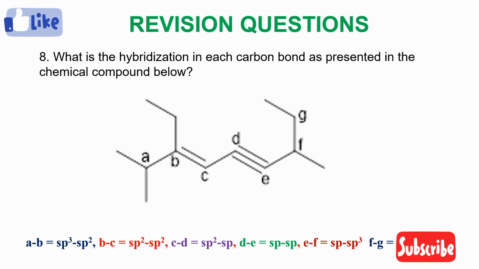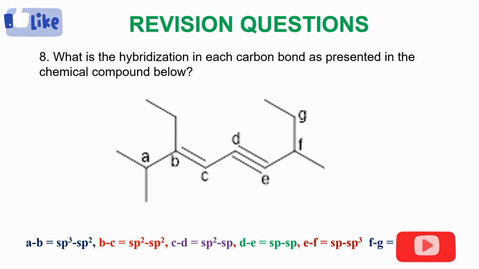If you look at A and B, you realize that the hybridization of A is sp3, the hybridization of B is sp2. So the bonding of A and B is sp3, sp2. You can also say sp2, sp3, depending on how the options come. But if it is in theory, you can use sp2, sp3 or sp3, sp2.